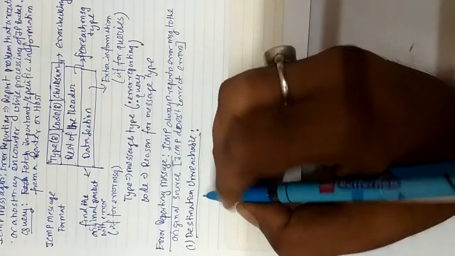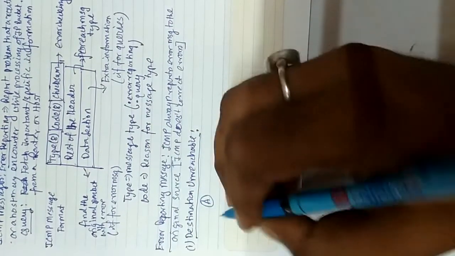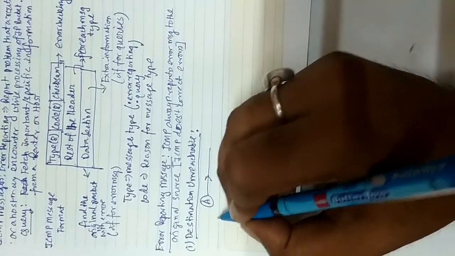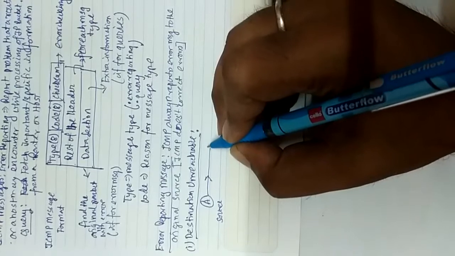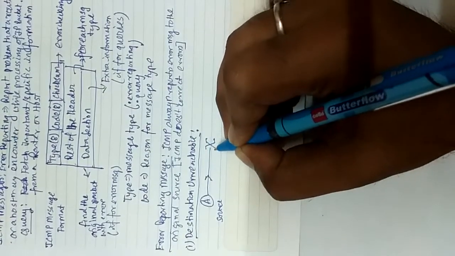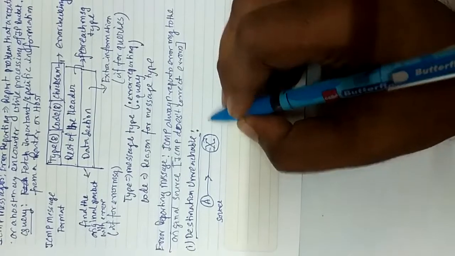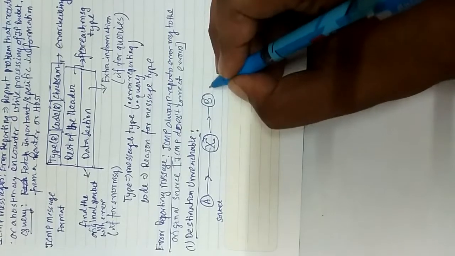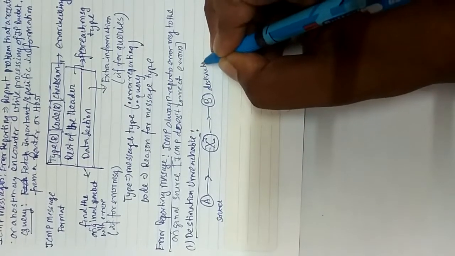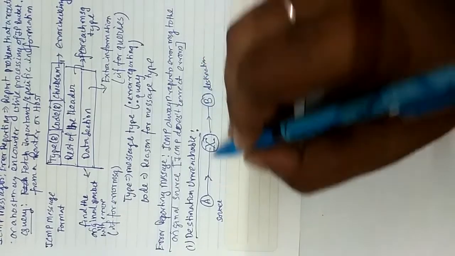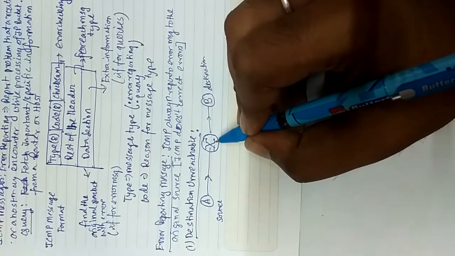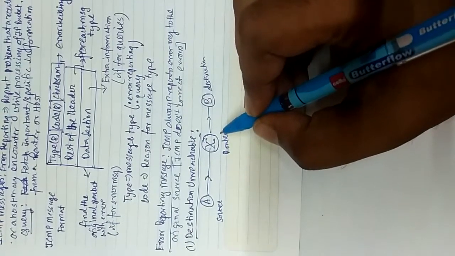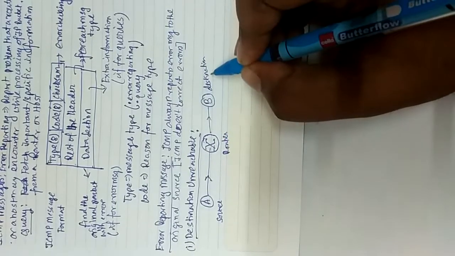So first I will draw the figure, and next we will do the theory part. This is the source. Now there is some router. This is the router, and this is the destination or the receiver. Suppose a message is sent from A to this router, but somehow this router doesn't have the necessary information or cannot find the destination.